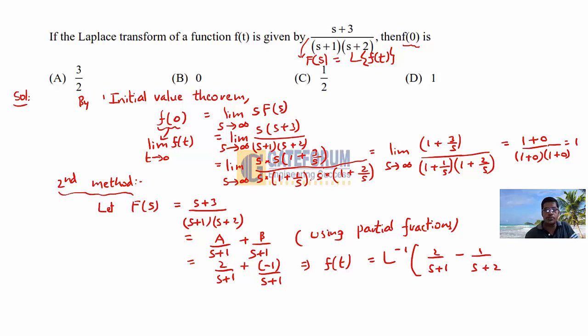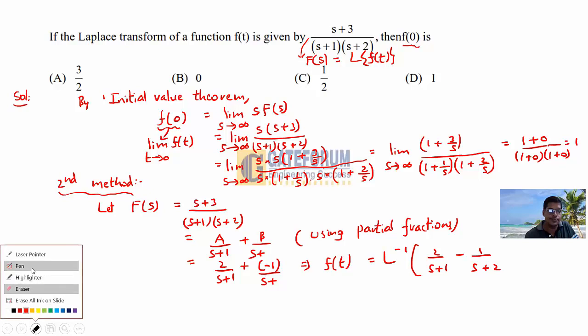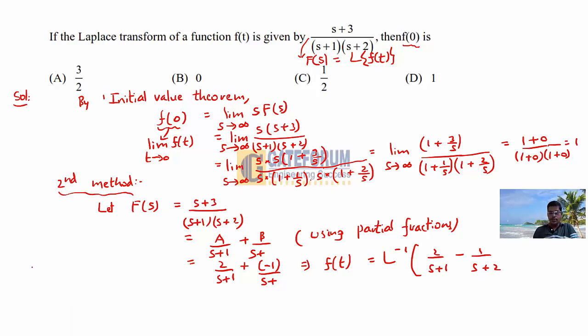I have written 2 times 1 by s plus 1, and the second fraction is 1 by s plus 2 with the coefficient minus 1. Since L inverse of 1 by s minus a is e power at, we get 2 times e power minus t minus e power minus 2t.